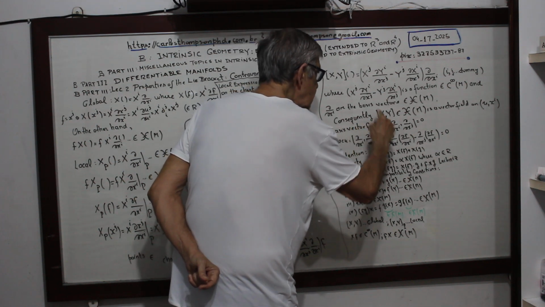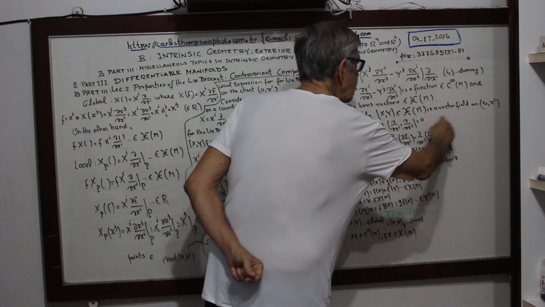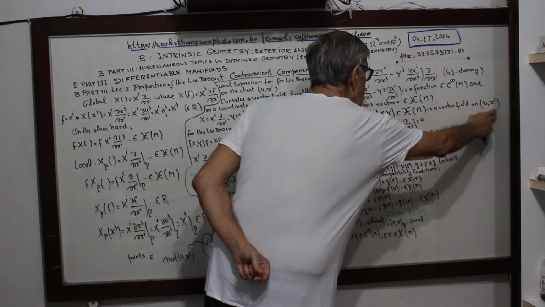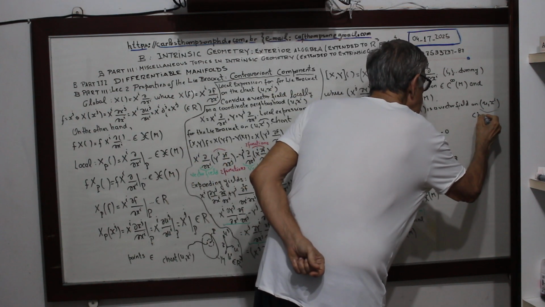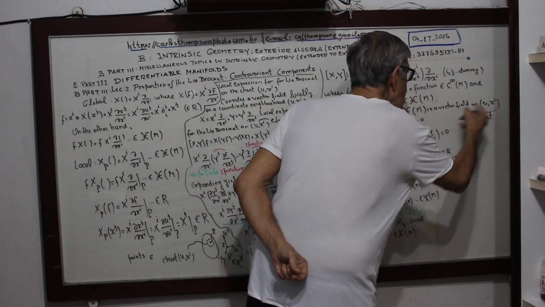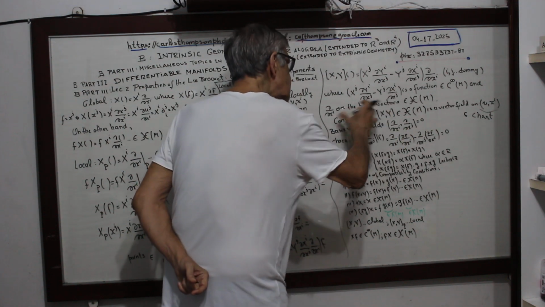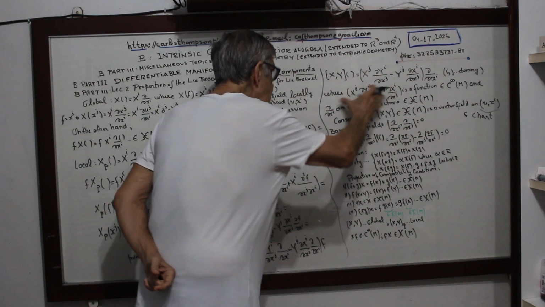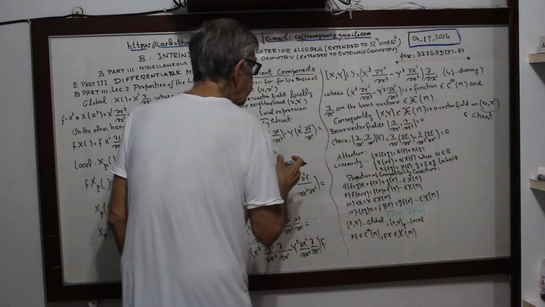Consequently, this Lie bracket belongs to the vector field. Now it's on the chart because it's local. You see, this belongs, this is the chart. Now, basis vector fields, this is the final result, okay? This is the final result I want to derive here.